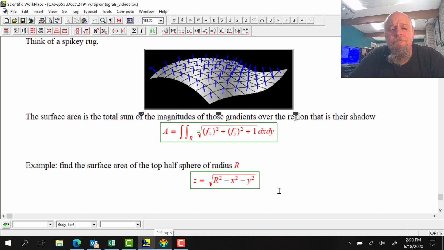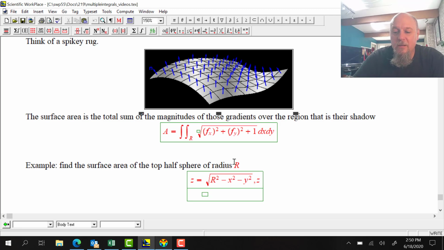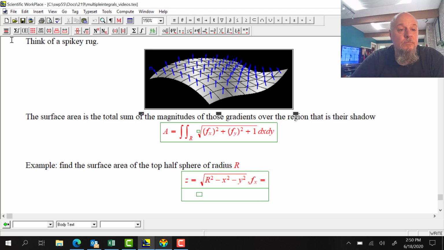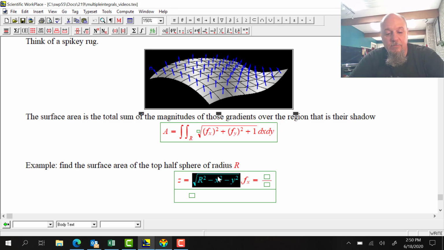All right. Let's do it. We've got our function. If I want to differentiate this, I need my f sub x and my f sub y. So there's our f sub x. I need my partial derivatives here. So chain rule, I'm differentiating with respect to x.